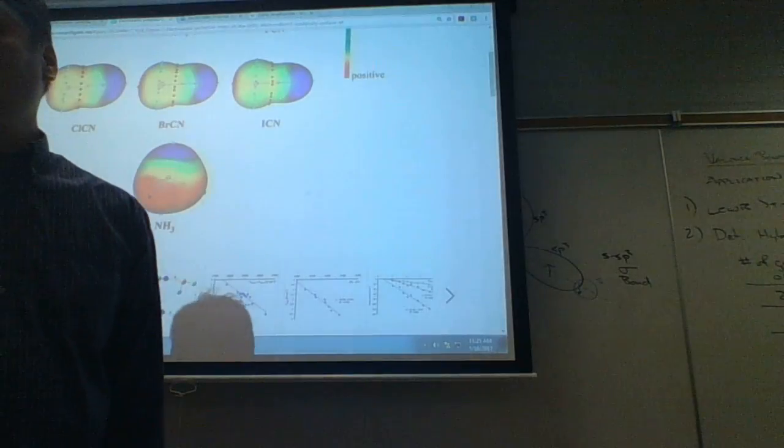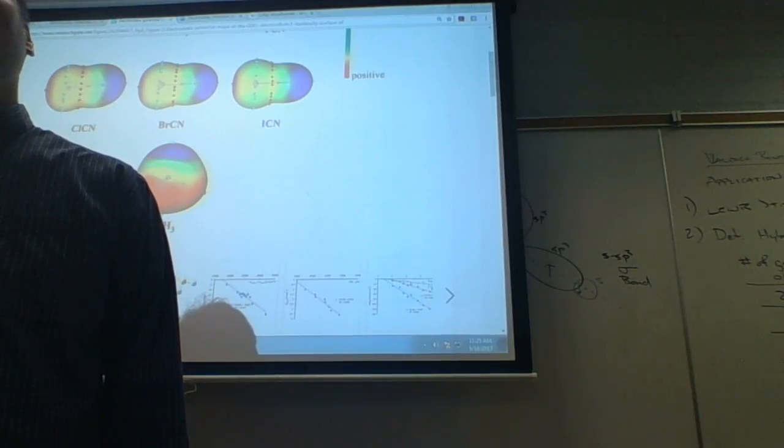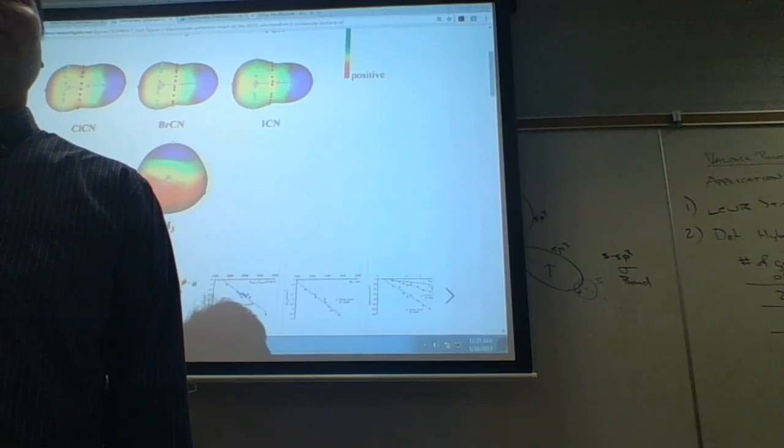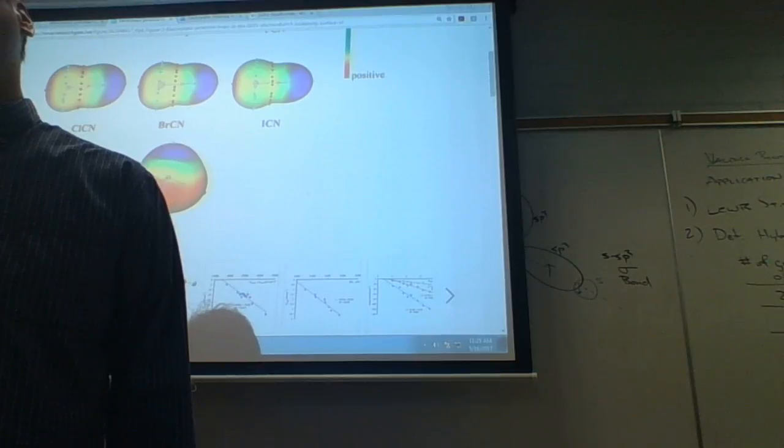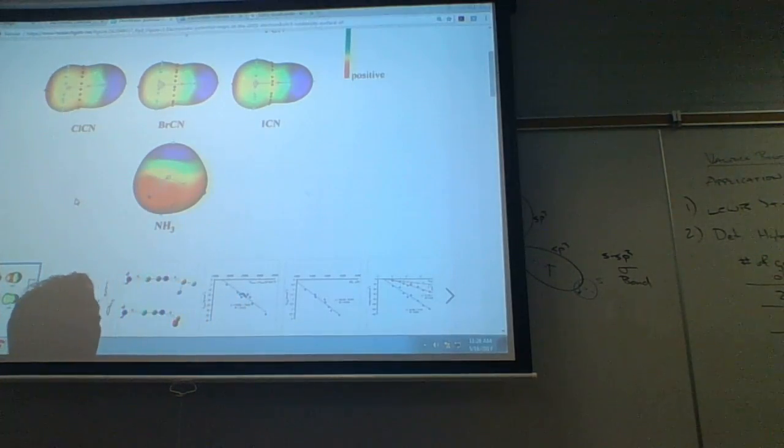So does that really matter? It doesn't really matter. Somebody who liked red for negative decided they're going to make red for negative. The color is irrelevant, right? The problem is when people decide to switch it. Like in this case, somebody decided to switch the map.